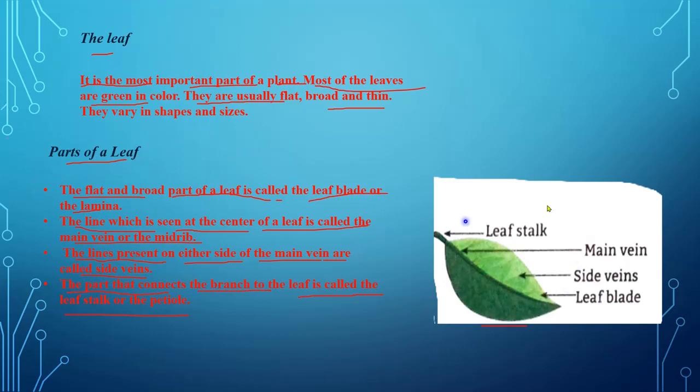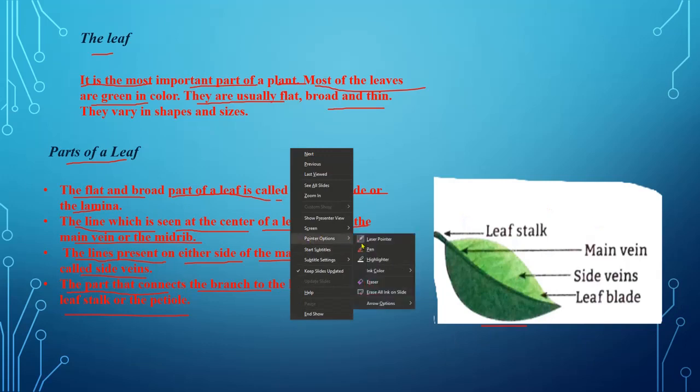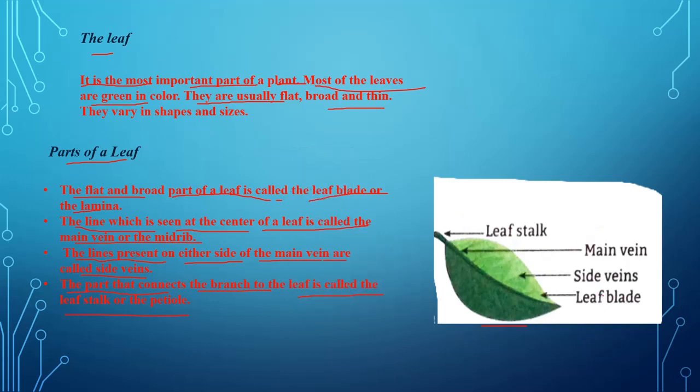Here they mentioned the leaves. What is leaf stalk? Leaf stalk will connect the leaf to the branch. You can see the main vein going here. This is called the main vein, the center part of a leaf.